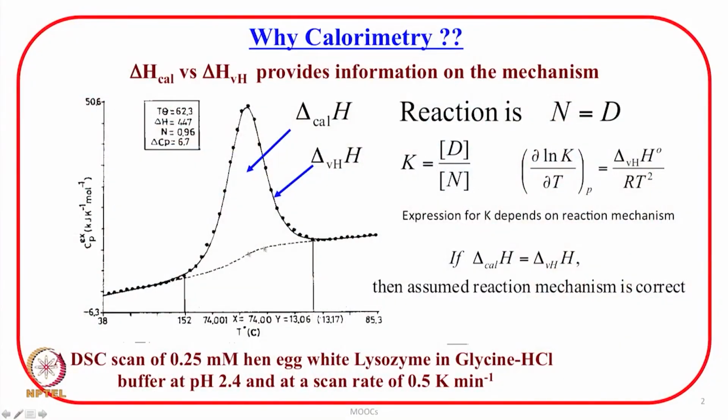So, let us discuss why there is an increase in heat capacity with temperature, and why the heat capacity of the denatured state is higher than the heat capacity of the native state.